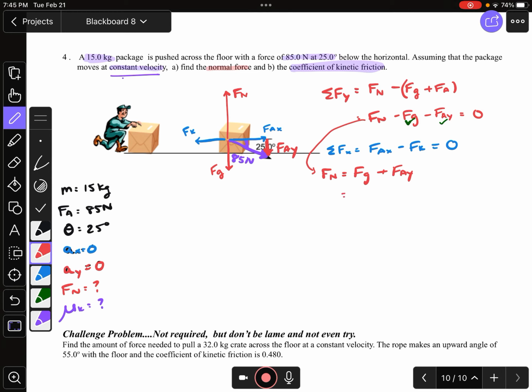And now instead of FG and FAY, I'm going to substitute in the equations. MG plus the hypotenuse of the triangle, or FA, and this is the opposite side, so I'm going to use sine of theta. I have 15 kilograms times 9.81 meters per second squared plus 85 newtons sine of 25 degrees.